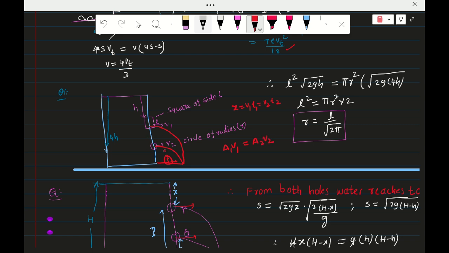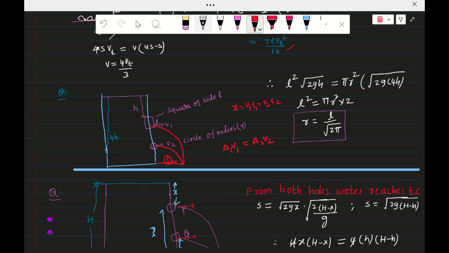So here they are asking the radius. They are not asking any h value or time value, or how much height from the bottom the square hole or circular hole is when they are reaching the same point. That is another question, another model.